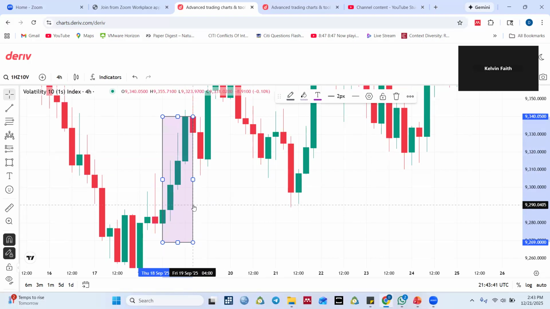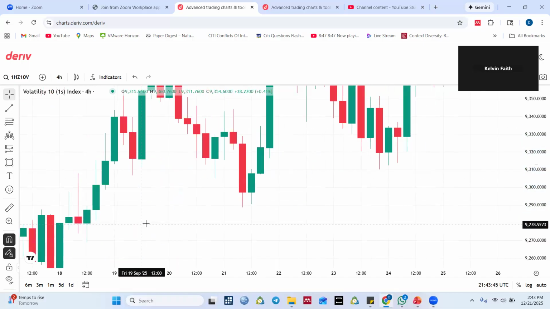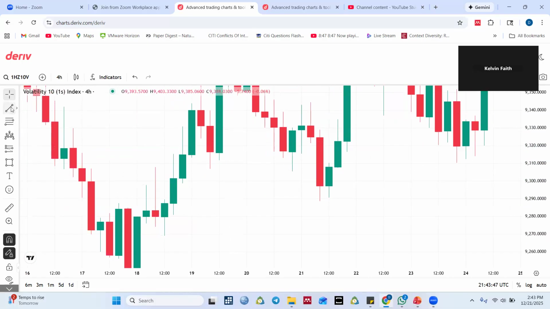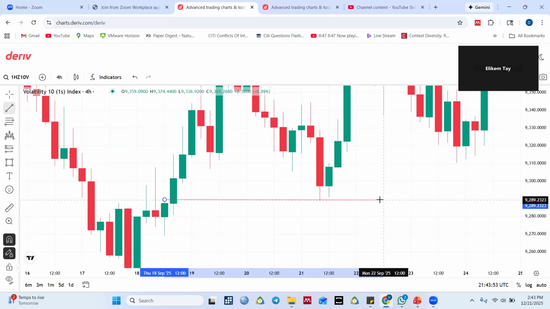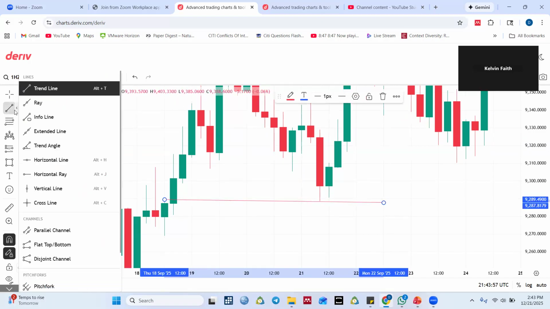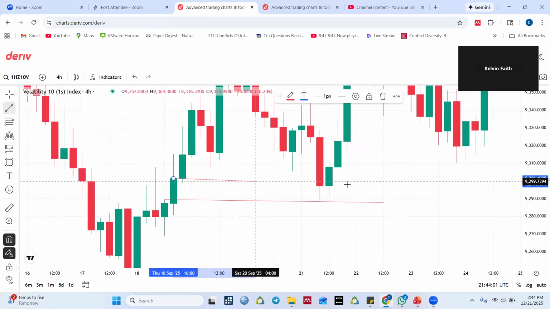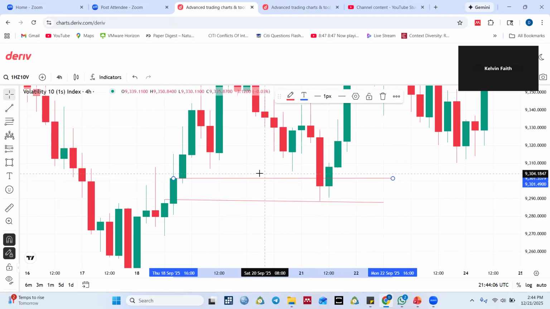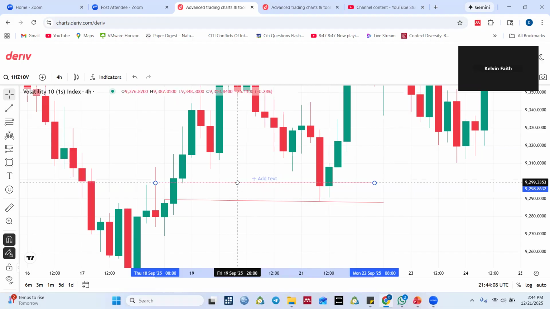So in a bullish move like this, you want to look for the high of the first candle, which is here, and the low of the third candle, which is somewhere here. You have to take into account their wicks also.